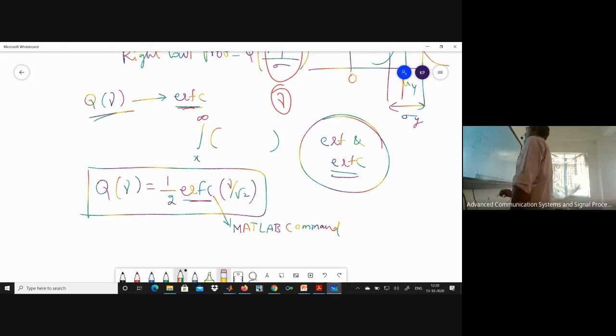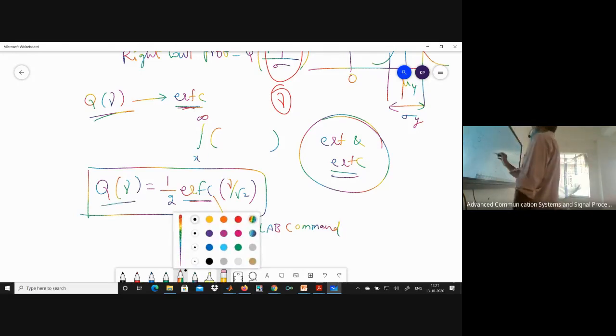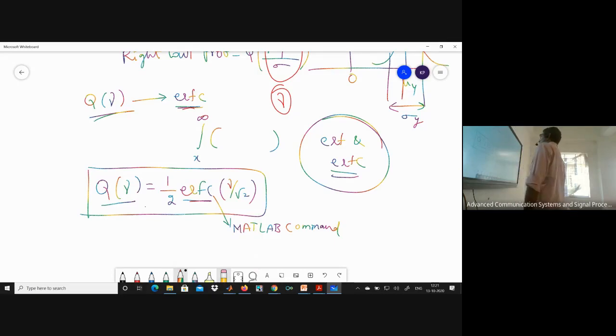I'll try to show it to you for a while. Q of gamma equals 10 to the power of minus 3, as given in the problem.